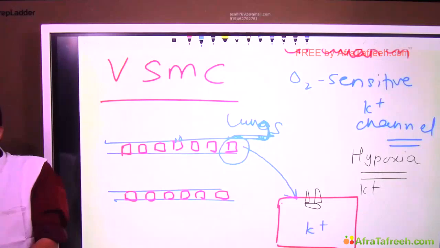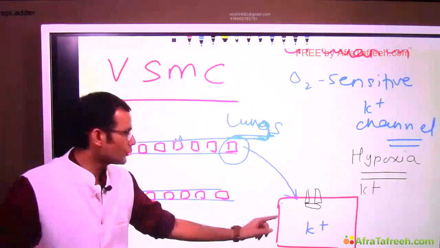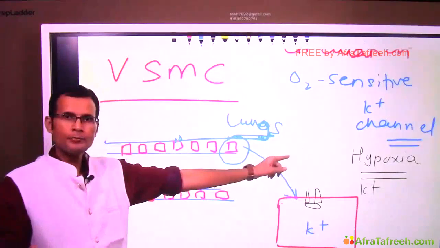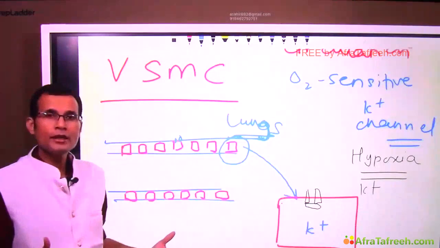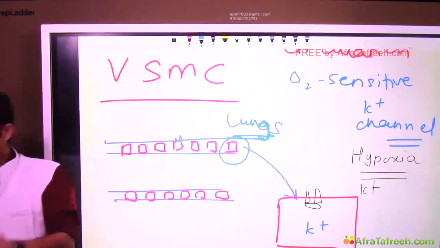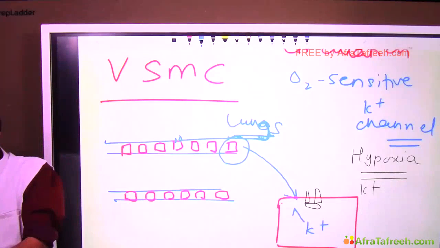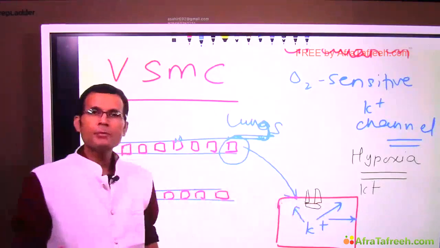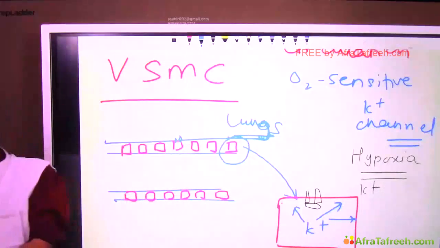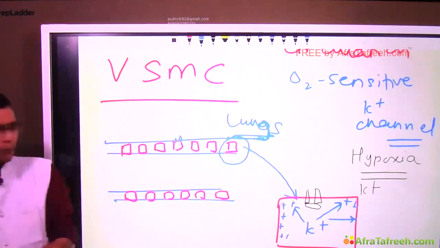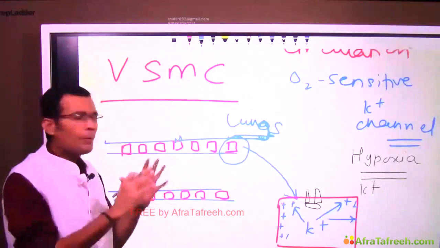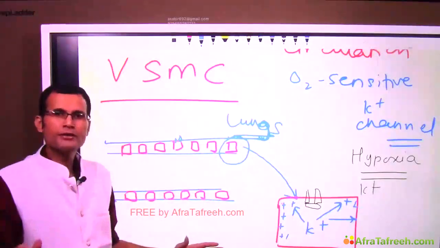What is the result? The potassium that was expected to leave the cell will not be able to leave the cell. Which means what? Potassium from the core of the cell will just come near the membrane. It will accumulate near the membrane, on the inside of the membrane. Which means the membrane is depolarized.